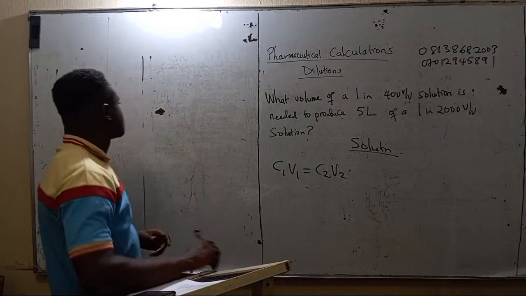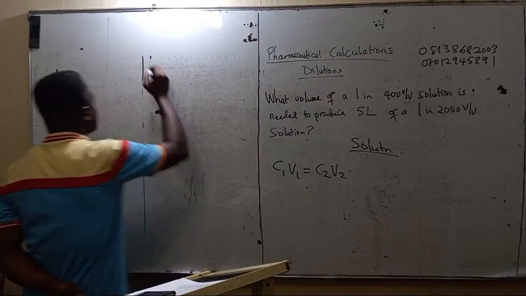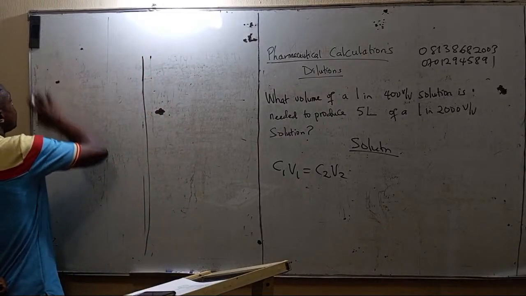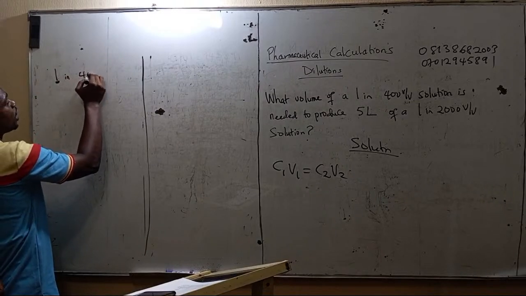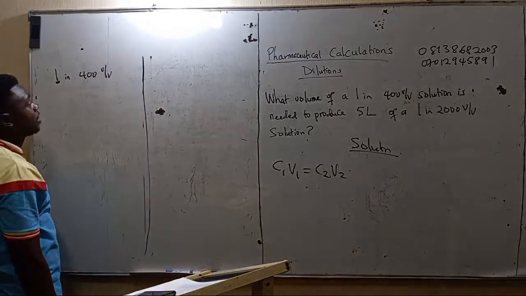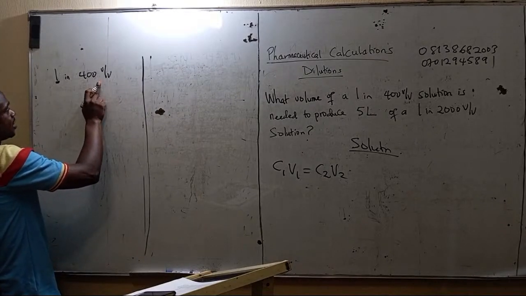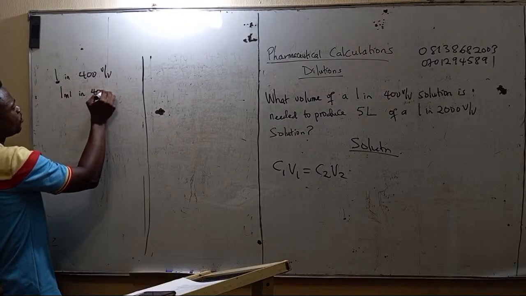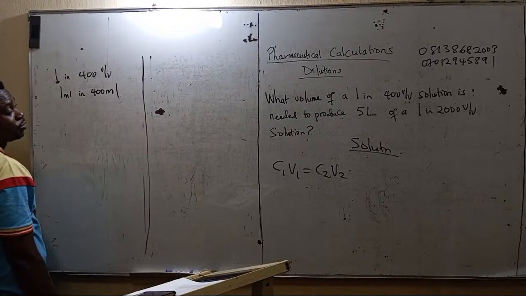So let's go. If we move 1 in 400 volume to percentage strength, this 1 in 400 volume means there is 1 ml in 400 ml of the entire solution.